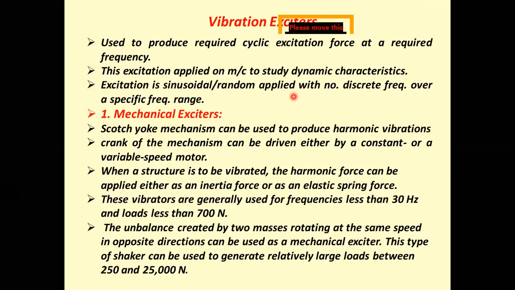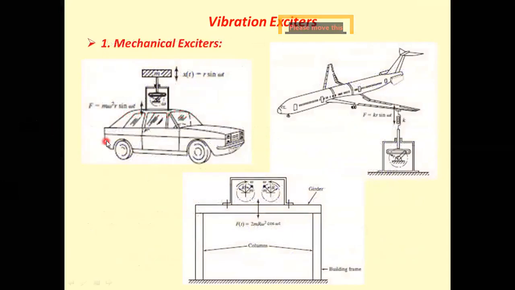We are starting with the first, which is called the mechanical exciter. I will show figures of these mechanical exciters. This is the first mechanical exciter, and this is another mechanical exciter.